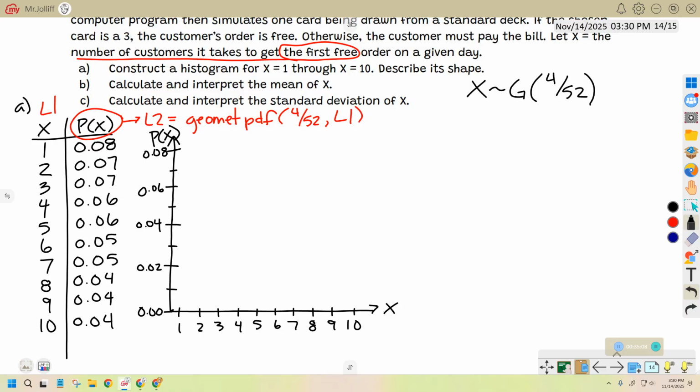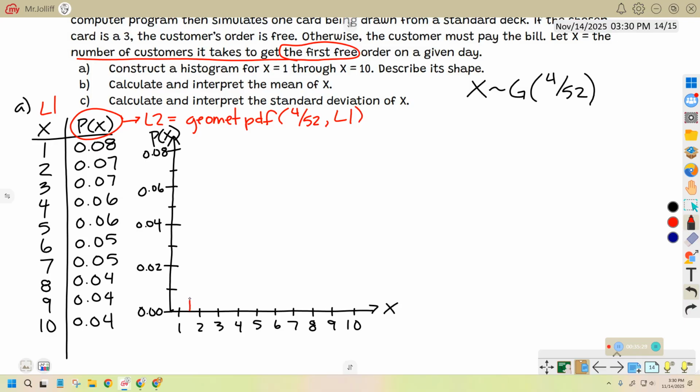When we draw our bars, the bars have the label centered in the middle, and the height of the bar corresponds with the probability for that bin. So starting with our first bin, the probability that I get my first free lunch on that first customer is 0.08.